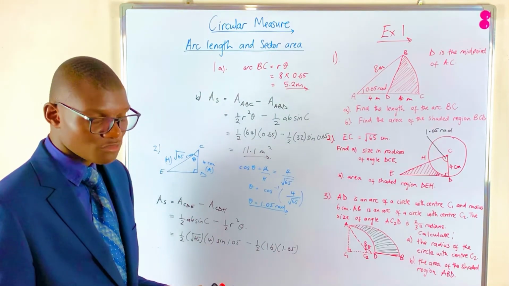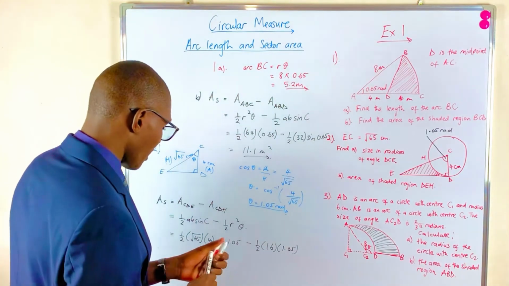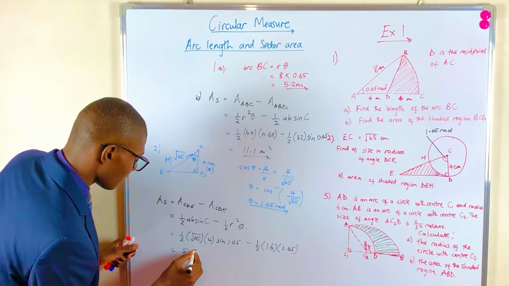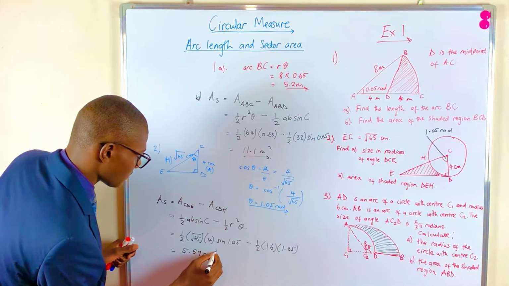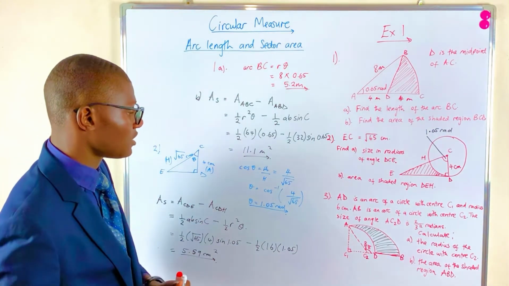You get an answer of 5.59. So 5.59 square centimeters will be the area of the shaded region. This is how we calculate the area of the shaded region.